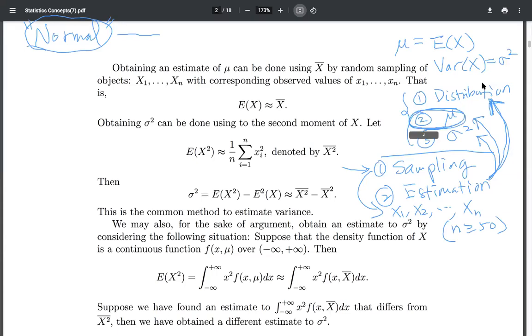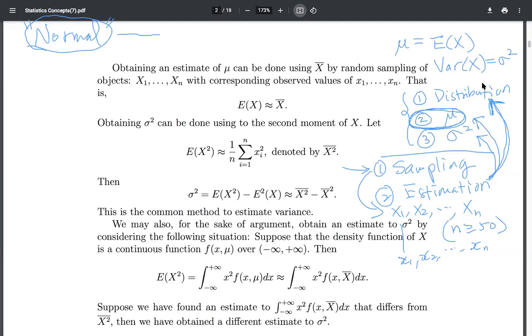To do this, we simply take the average, because for each of these sample points, I can observe its actual value. Like I want to find out the height of people in a population. I randomly select, let's say, 100 people, and then I just measure their height. Then I take the average. Of course, you have to account for age group or gender, that kind of thing.